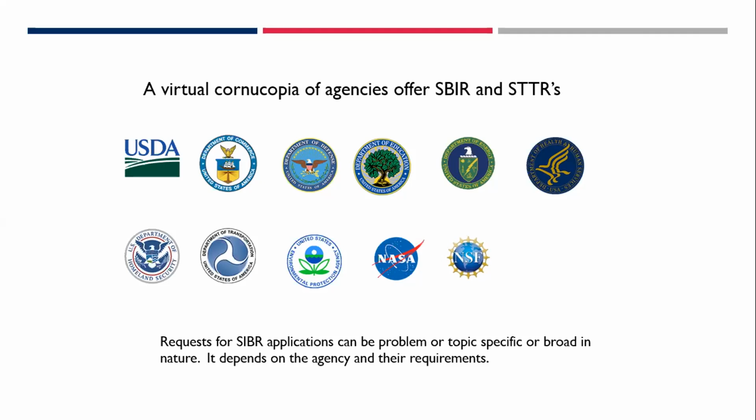The other two agencies that offer a large amount of SBIRs are the National Science Foundation and the National Institute of Health. Requests for SBIR applications can be problem or topic specific or broad in nature, and it depends on the agency and their requirements.